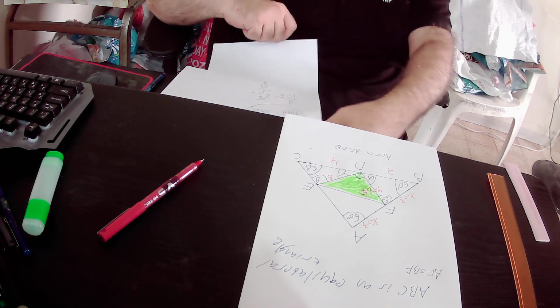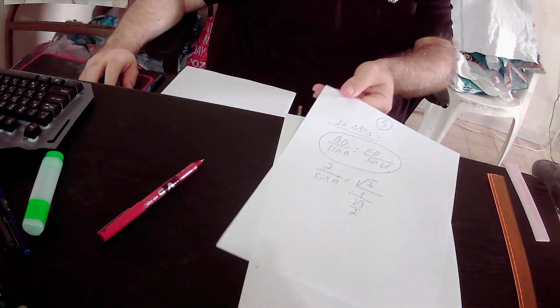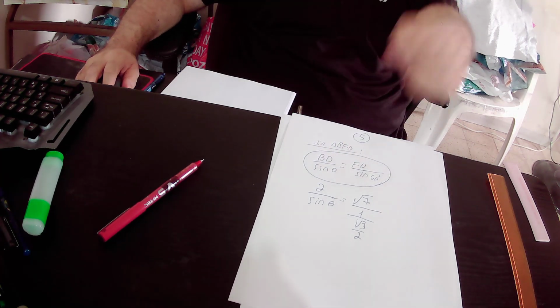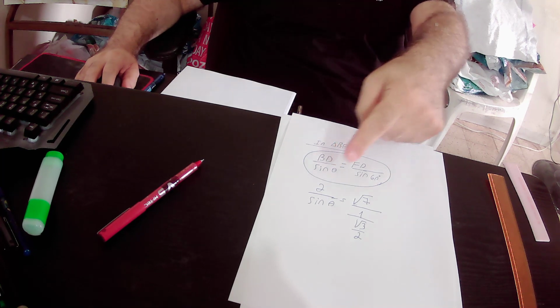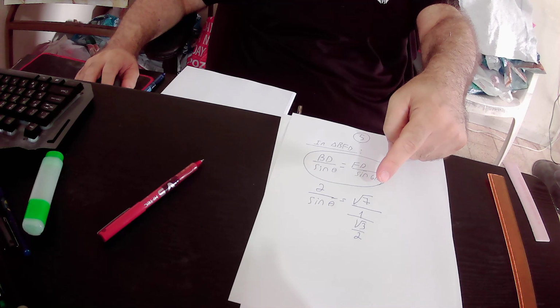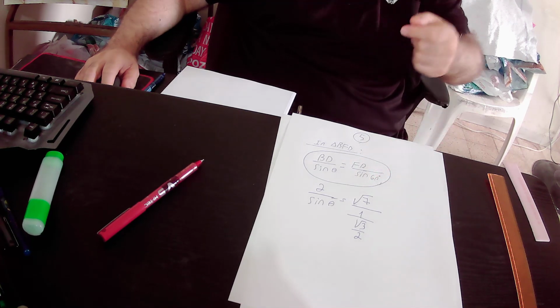So in total we got that 2 over sinus theta equals root of 7 over root of 3 over 2.